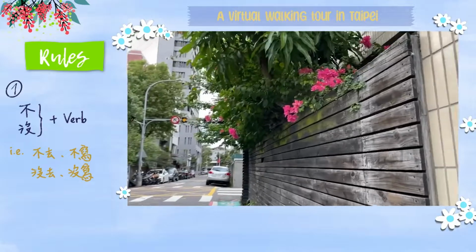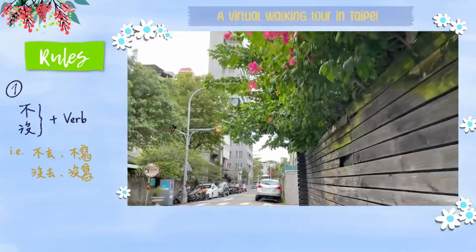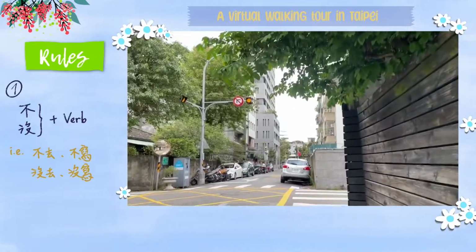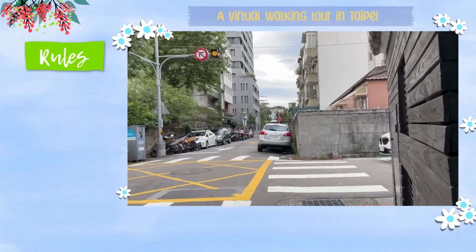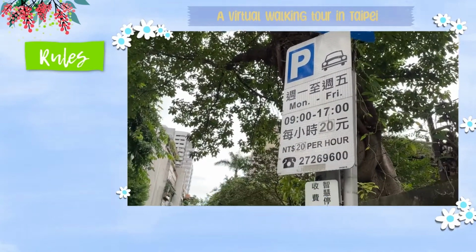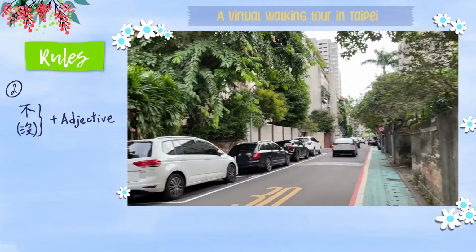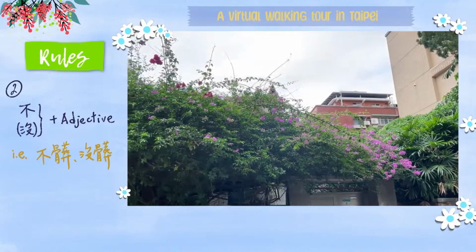Or 没写, 不写, I don't write. I don't want to write, or I didn't write. Yeah, so that's also a verb. Right. And then the second one, as I just mentioned, is the adjective. For example, dirty, 脏. So 不脏 and 没脏.